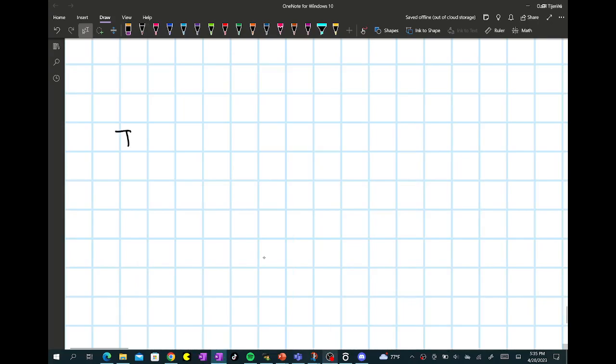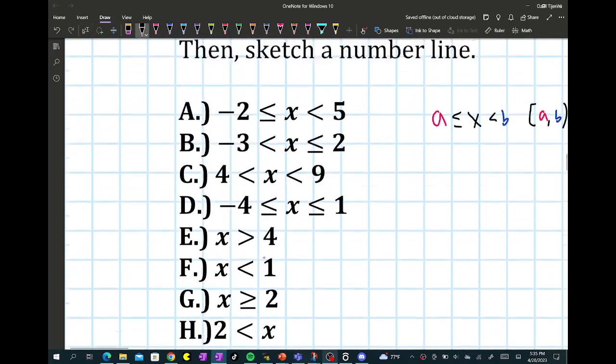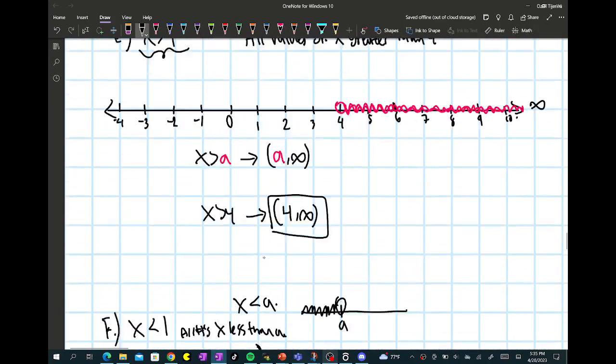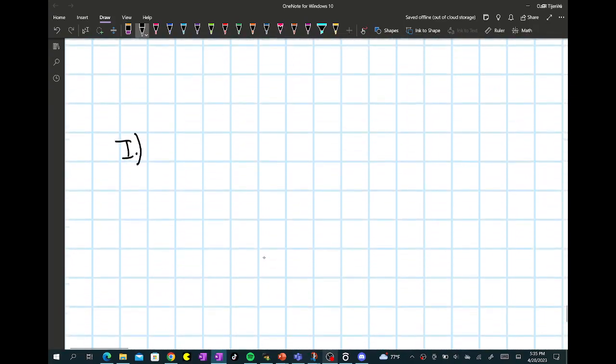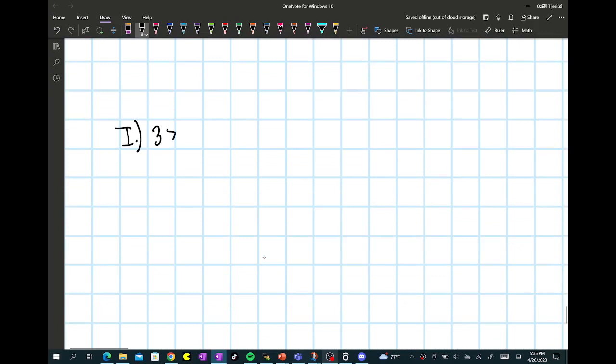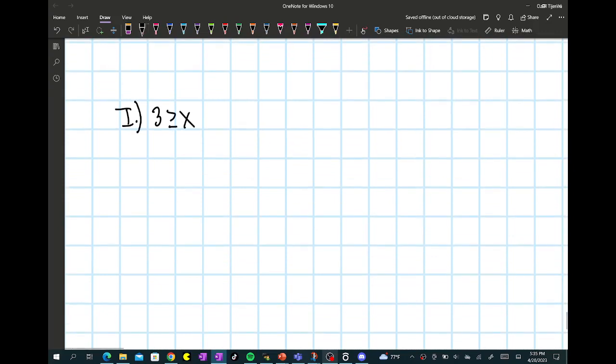So part I says 3 greater than or equal to x. Again, if a is greater than or equal to x, then that means that x is less than or equal to a.